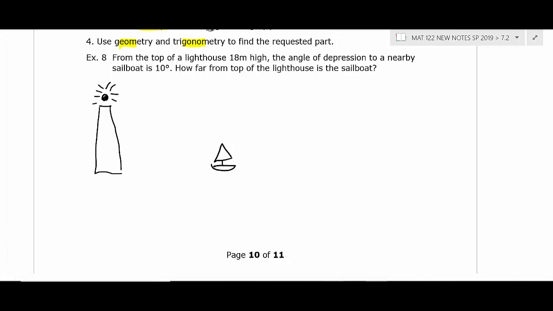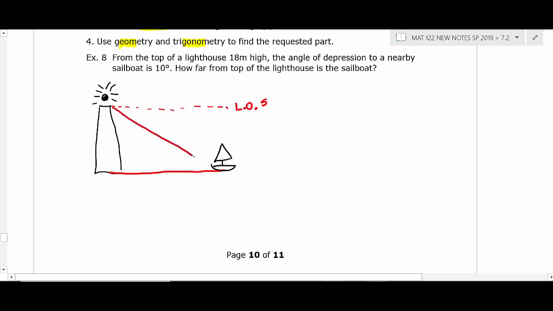So anyway, what we're going to do is draw a triangle out of this, and I'll use this red to show that. So we got that. And what you're doing on this is you would have your line of sight going like that. That would be parallel to the ocean or the lake or whatever's down there. So that's your line of sight. And then you're looking down at that sailboat.